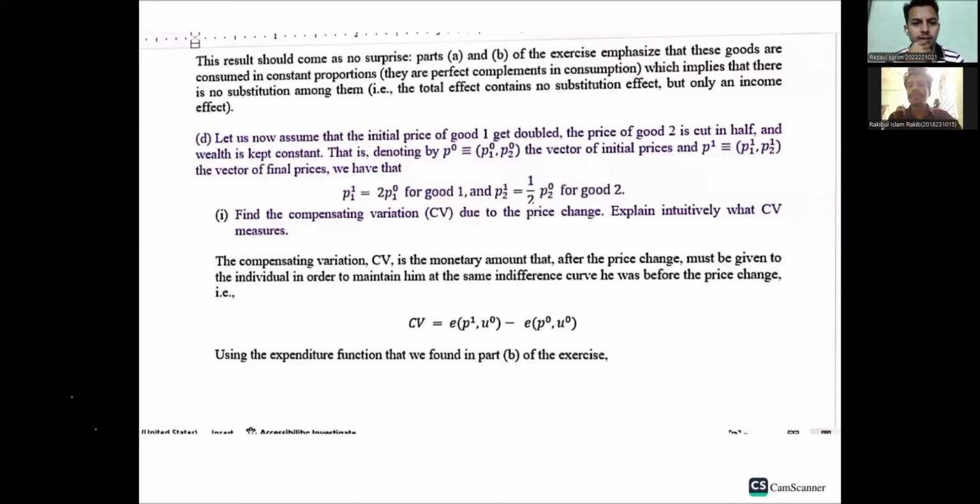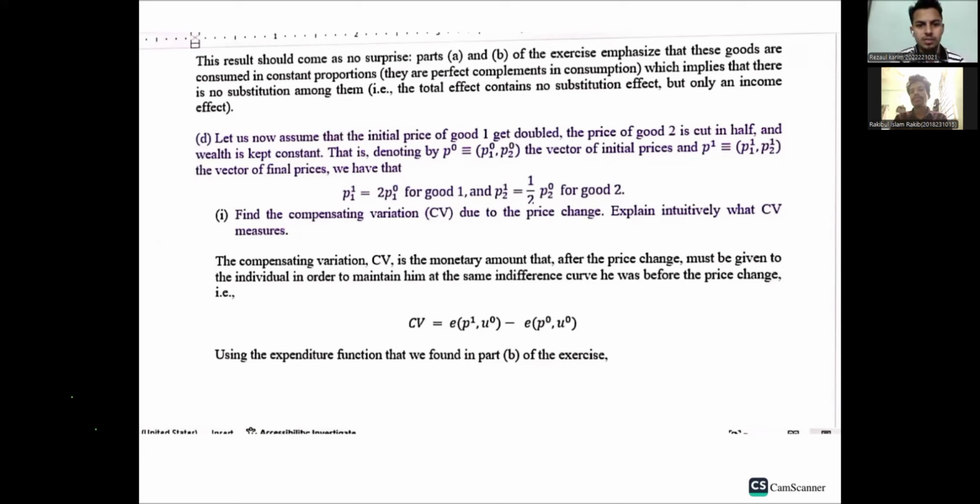Okay. Question number D. Let us now assume that the initial price of good 1 gets doubled, the price of good 2 is cut in half, and wealth is kept constant. Denote by p0 = (p1 0, p2 0) the vector of initial prices, and p1 = (p1 1, p2 1) the vector of final prices.